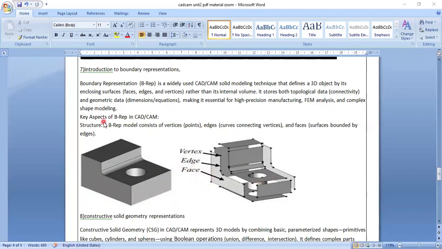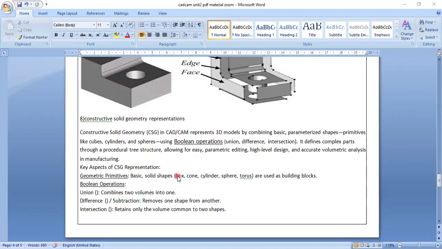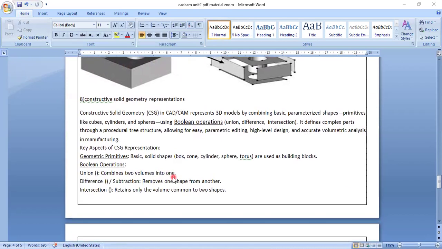So here, the BREP model consists of vertices, meaning points. You have to take the points. Edges mean the curves connecting the vertices. Faces are surfaces bounded by these. So vertices means points, 1, 2, 3, 4. Some vertices make edges. Some edges are joined together, making these faces. So this is the meaning of boundary representation in a short form to understand easily.